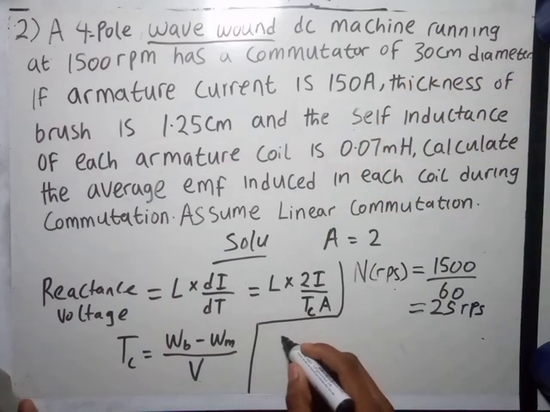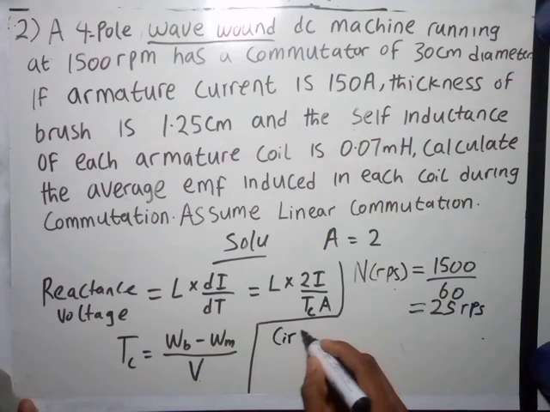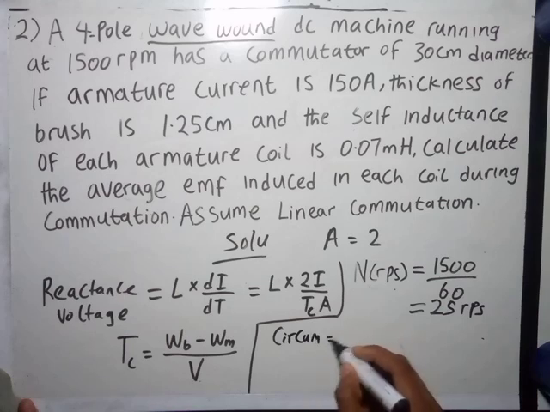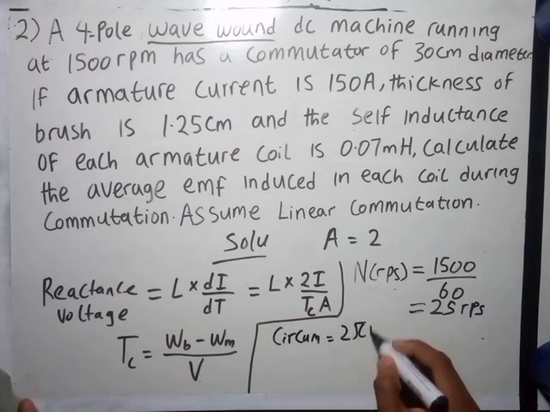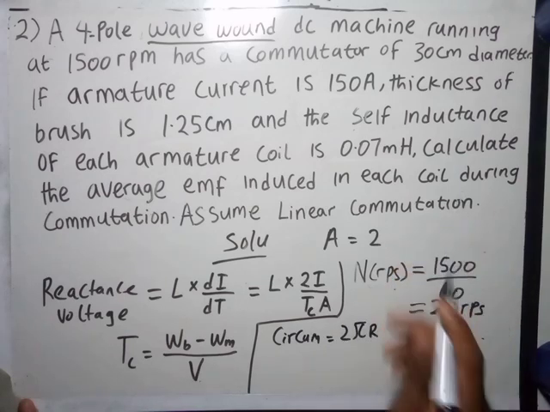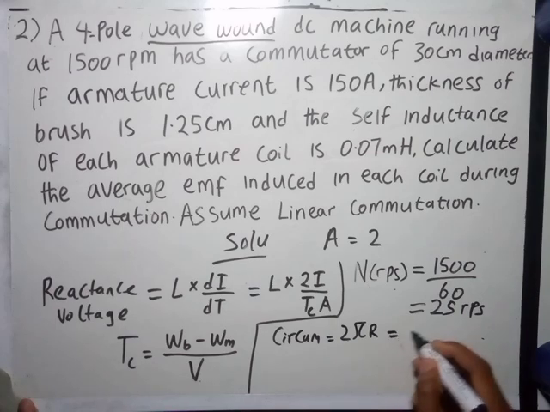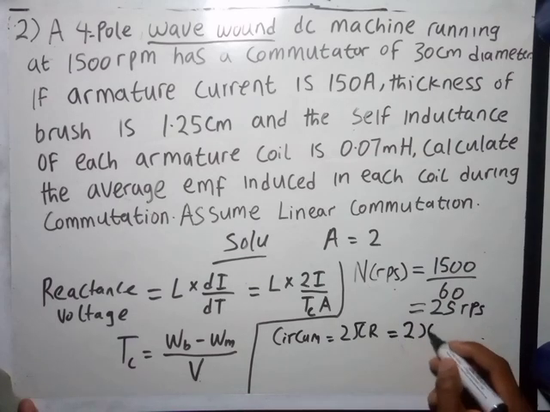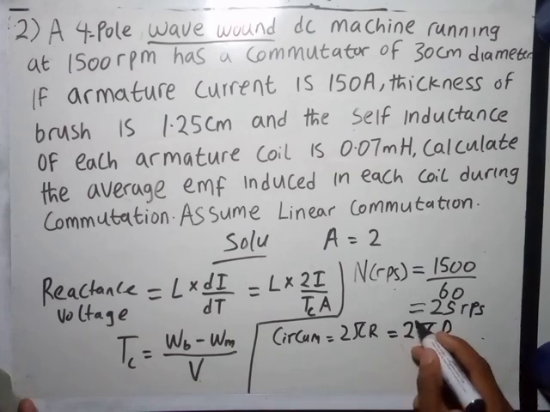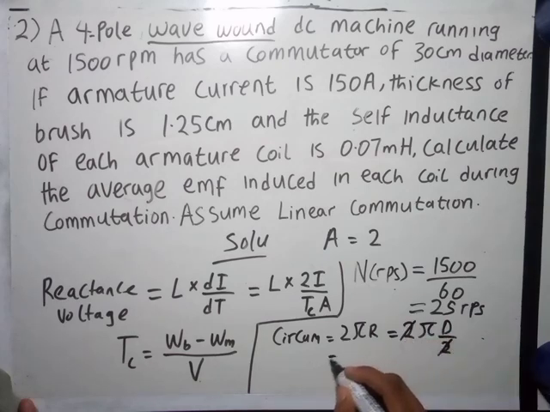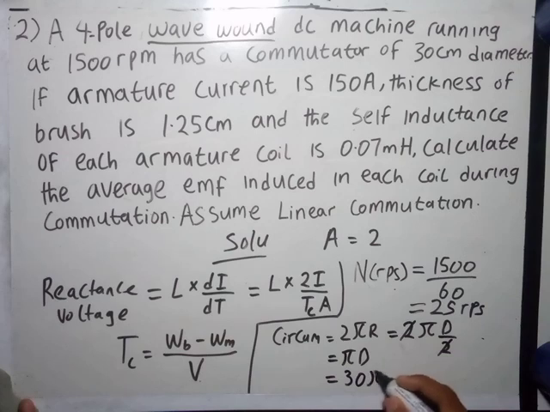So the circumference is given as 2 pi r. In this case we are given d, and we know that r is half of d. This cancels out, and we are left with pi d, which in this case is 30 pi.